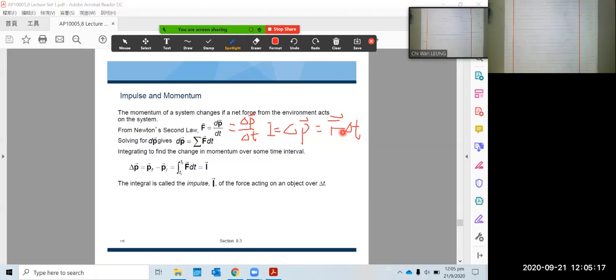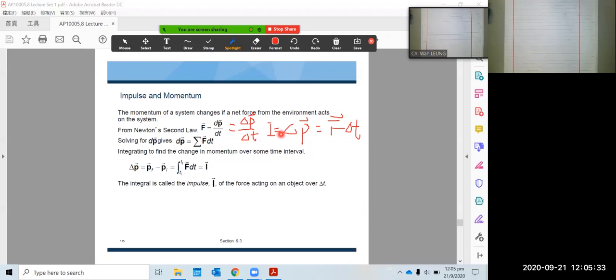When you have a change of momentum, there is something which is fixed. If the mass of the object is constant, that means the velocity change is constant.